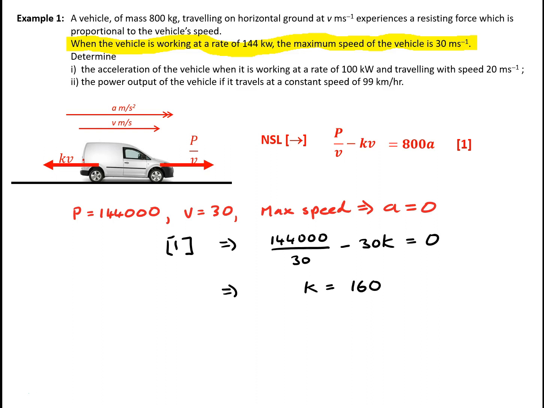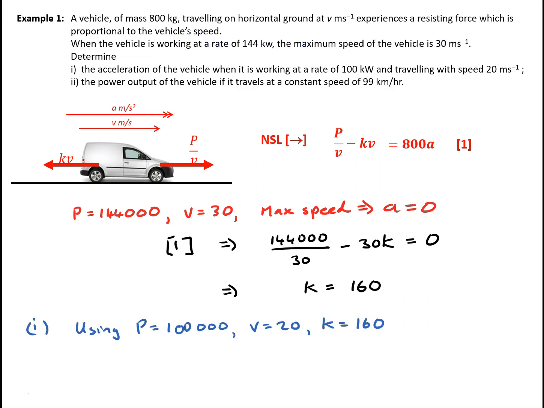For part 1 of the equation now, we know that P is now 100,000 and that the vehicle is travelling with speed 20 meters per second. So P is 100,000, V is 20, and K is 160.